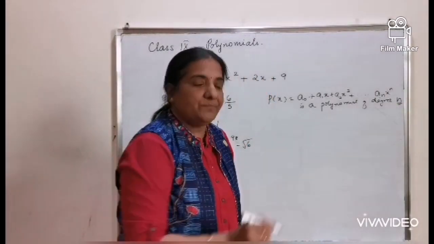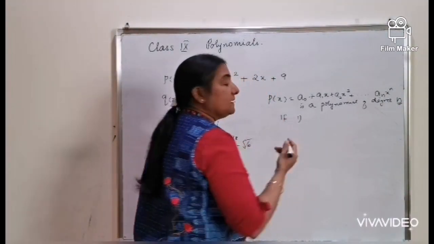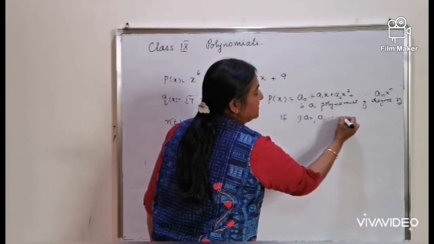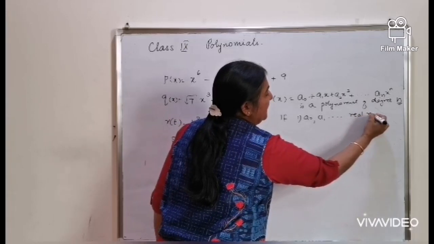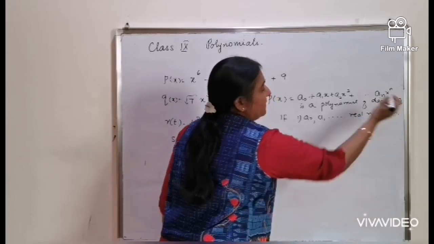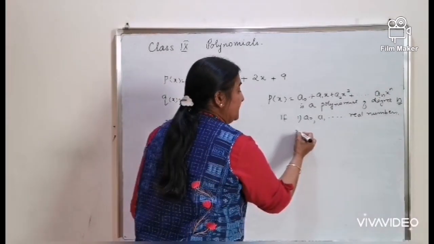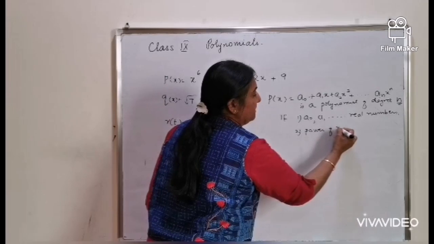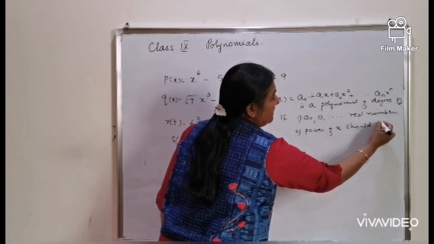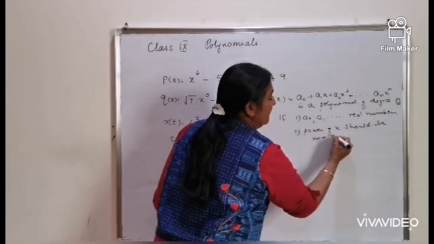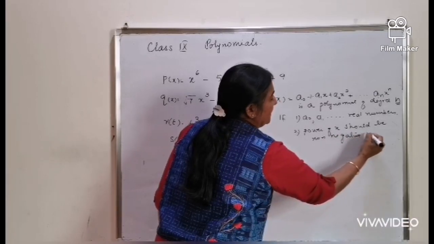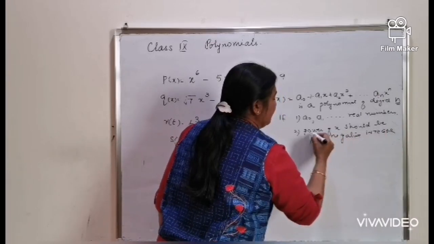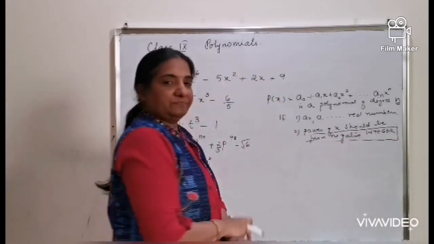Of degree n if what are the conditions? a0, a1, etc. are all real numbers, and the second condition is the power of x should be a non-negative integer. It should be a non-negative integer.